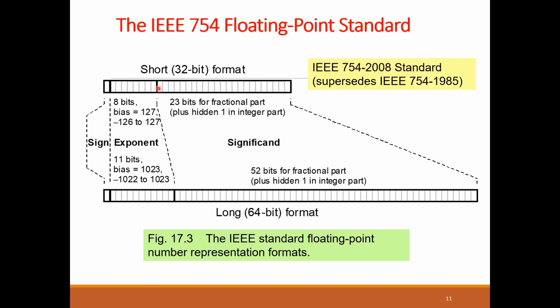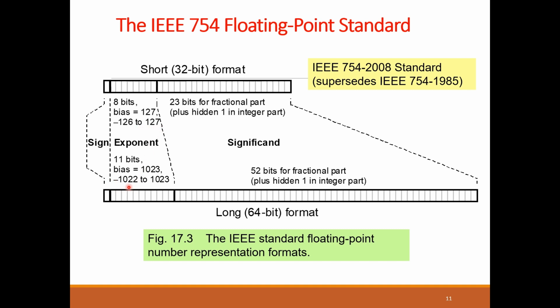So this is the single precision number system with 32 bits, and this is the double precision number system with 64 bits. The sign bit part is the same. Here there are 8 bits of exponent, here 11 bits of exponent. Here the bias is 127, and the exponent can range from minus 126 to plus 127.